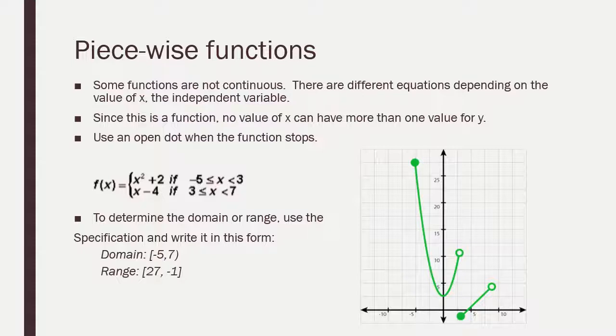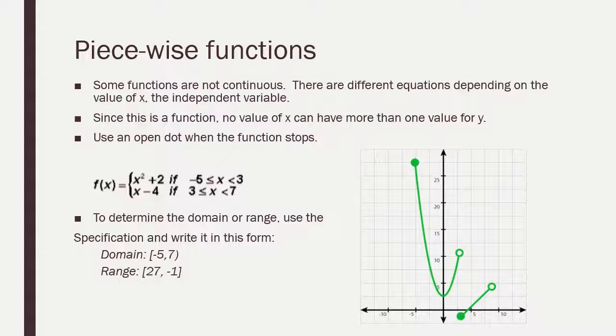So you can see in this graph, if you graph this function, you would get a parabola or a piece of a parabola and a piece of a line that overlap where x equals 3. Because they overlap where x equals 3, we know that one function can't have a y value and one will.